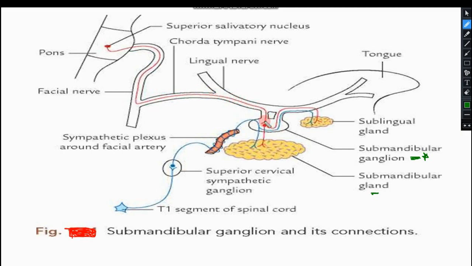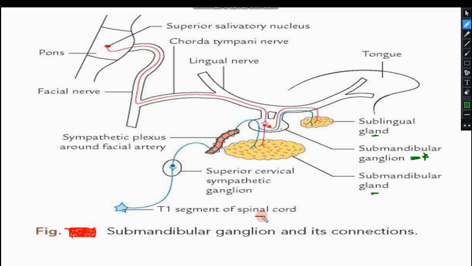Similar condition with the sublingual gland. Here at the relay, the postganglionic fibers innervate the sublingual gland.